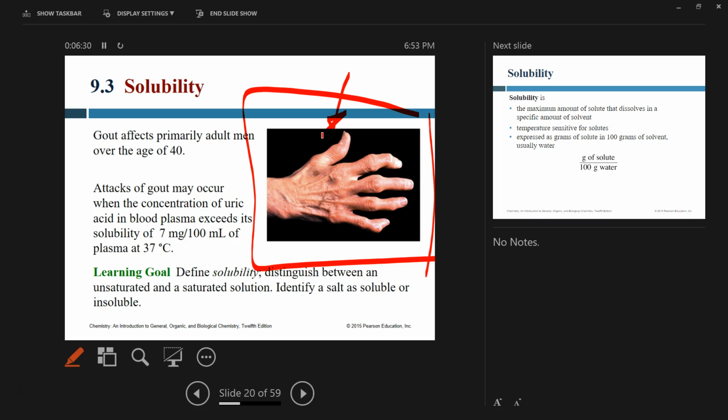It usually starts at the feet, and that happens when the concentration of uric acid in the plasma reaches levels higher than 7 milligrams per 100 mL. And by the way, one of the food products that lead to accumulation of uric acid is alcohol, so it's recommended to avoid alcohol if somebody suffers from gout. Liver.